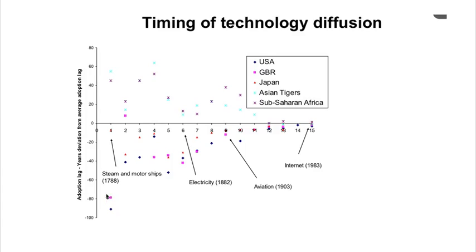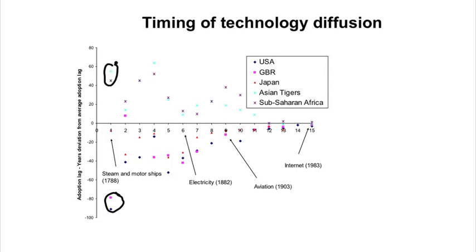A dot corresponding to a particular point shows the adoption lag for a particular country in taking up that technology. If we look here, we see that the USA and Great Britain adopted steam and motor ships 100 years before the average, whereas the Asian tigers and sub-Saharan Africa adopted steam and motor ships about 40 to 60 years after.